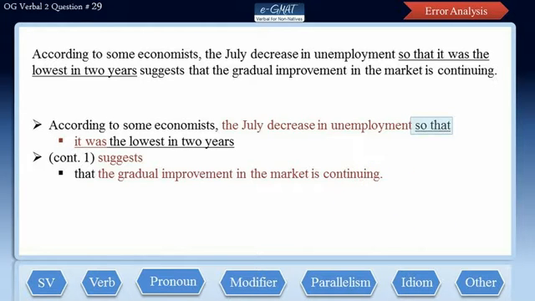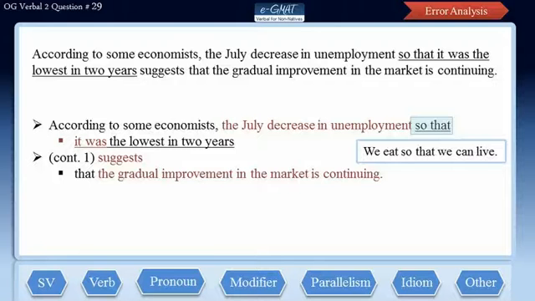Now, the phrase so that is used to denote reason. Let's take an example. We eat so that we can live. So here so that gives us the reason why we eat. But in this sentence, its use is incorrect. In this sentence, its usage illogically implies that the July decrease in unemployment happened with the purpose of making it the lowest in 2 years.